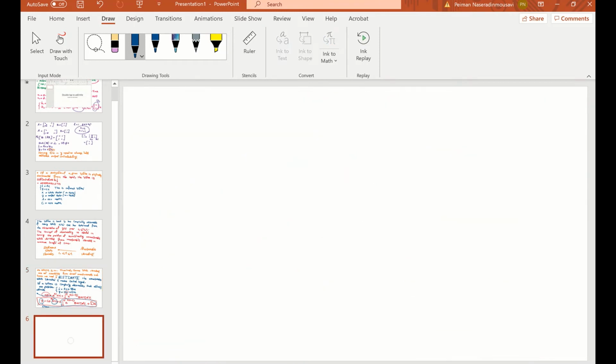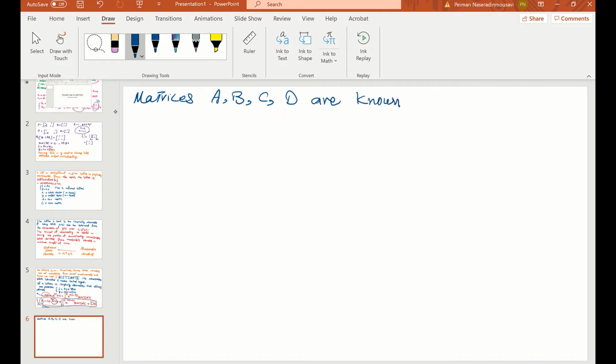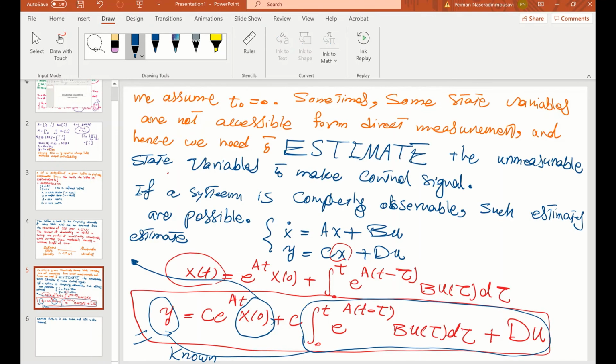Here, matrices A, B, C, and D are known, and U of t, the control signal, is also known. But the state variables are not measurable, so we want to estimate those. Okay.